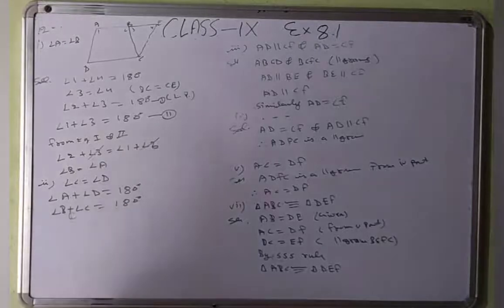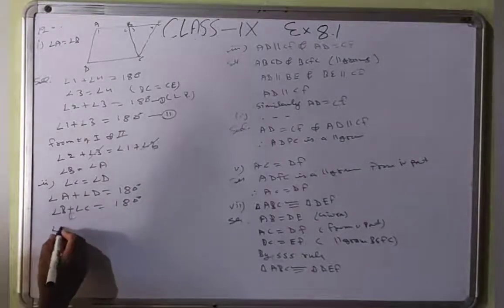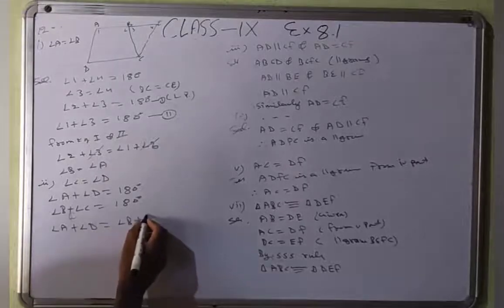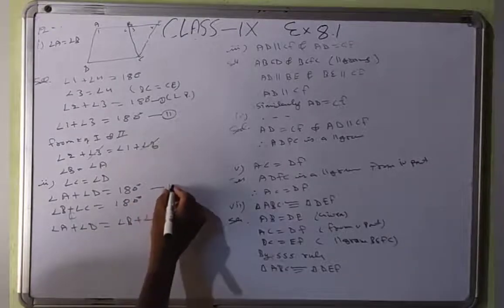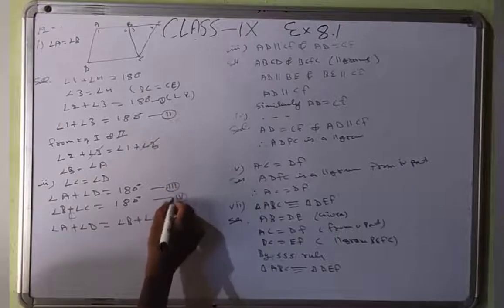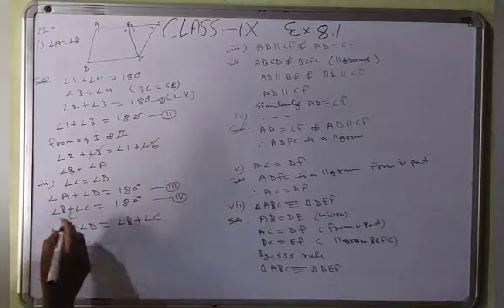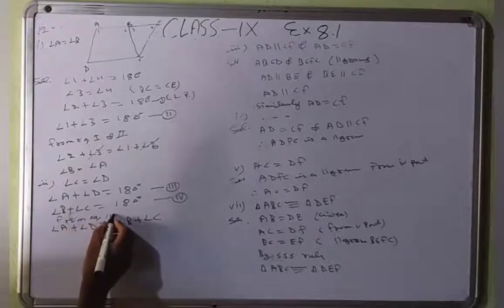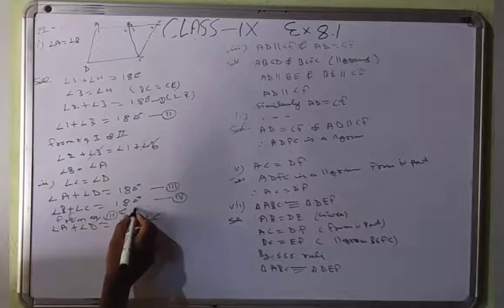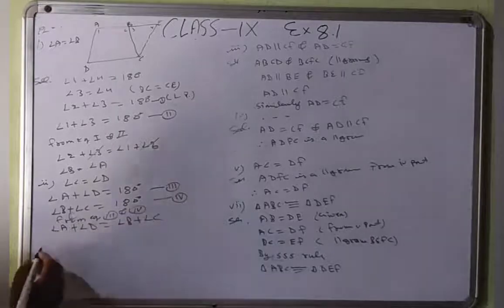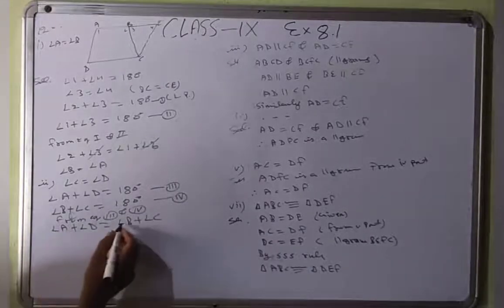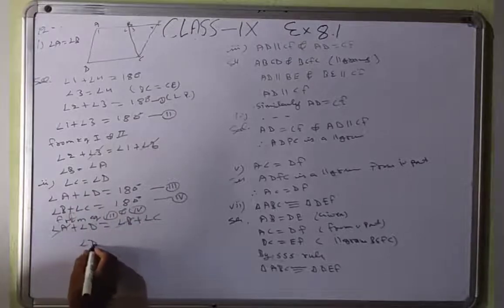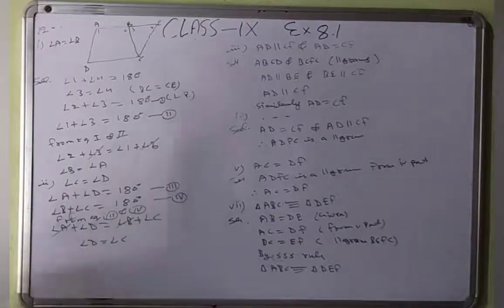And then we can write angle A plus angle D is equal to angle B plus angle C from equation third and fourth. Angle A and angle B are both equal, we have already proved. So angle D is equal to angle C.